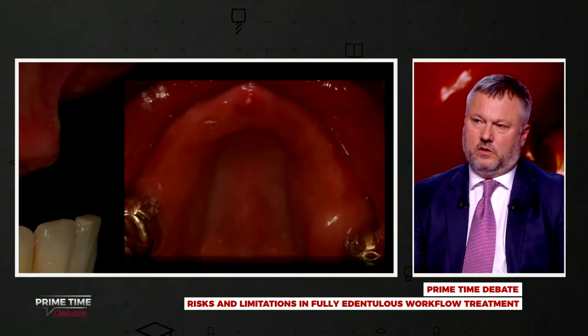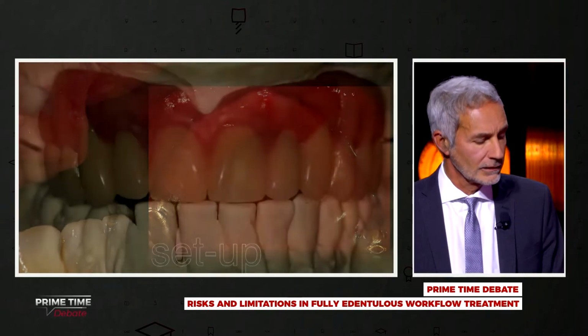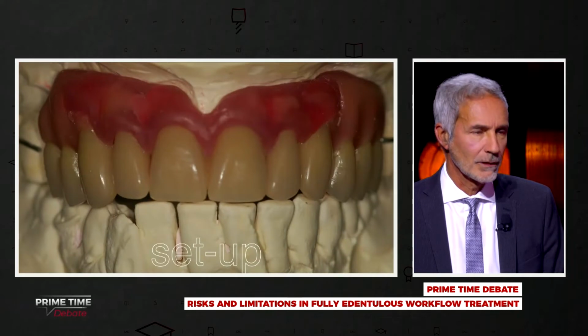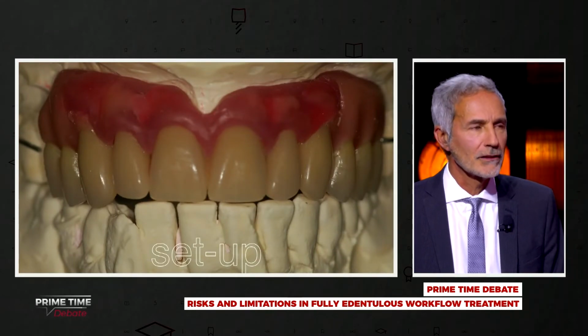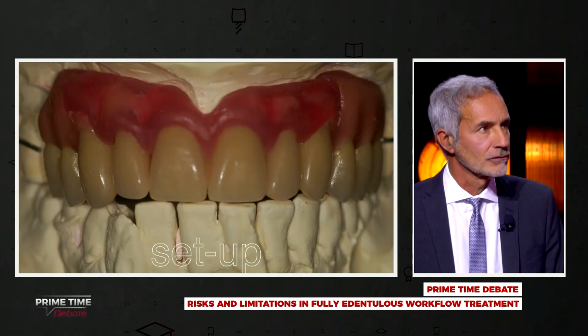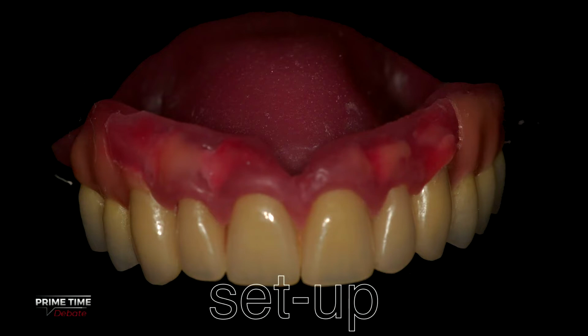The first approach is all the time prosthetic, and the first thing to do is a setup. And the setup can be interpreted in two manners. Thanks to this little tip, we can prepare a setup with a removable flange. It means that if you remove the flange, you can check a fixed solution.